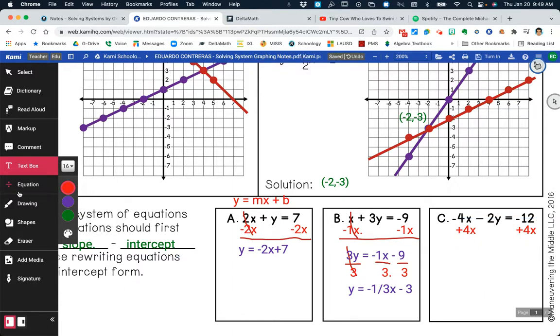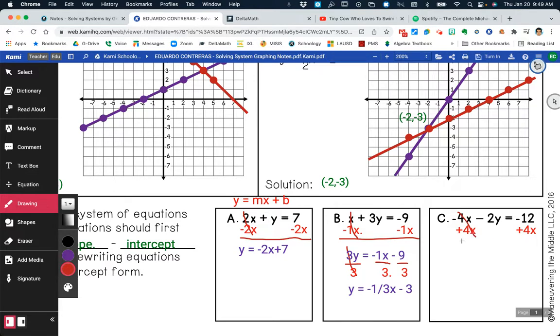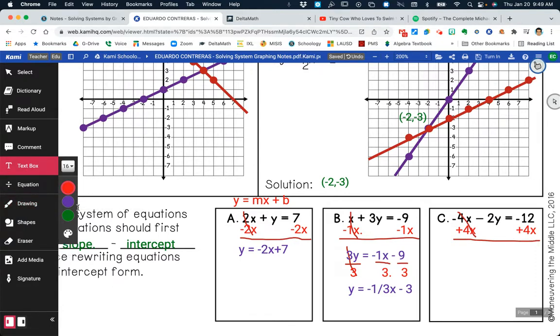And let's cancel. These are opposites. They make 0, no more. Something we have to be careful with: look at my equation now. Notice I have that minus in front of the 2y.